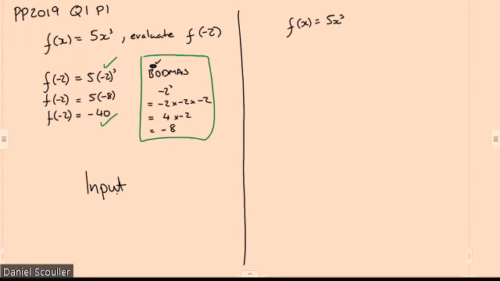Calculate. Okay, that's an output question.